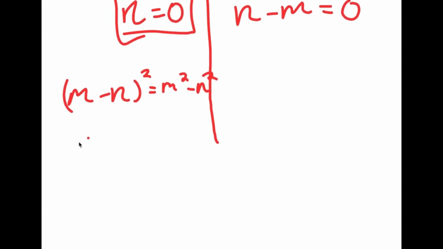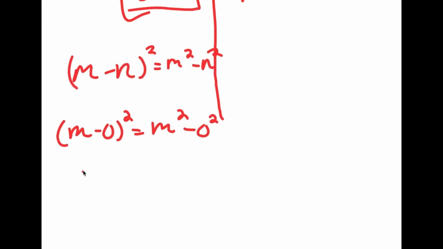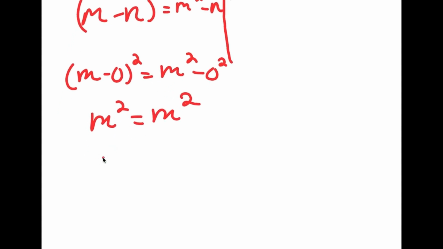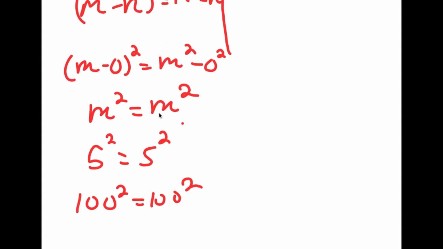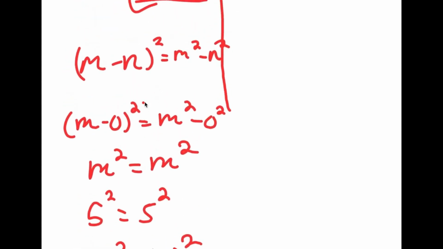If n equals 0, I get m minus 0 squared is equal to m squared minus 0 squared, which turns into m squared is equal to m squared, meaning m can really equal any number. If m equals 5, then I have 5 squared is equal to 5 squared. If m equals 100, I get 100 squared is equal to 100 squared. So m can equal any number if n is 0.